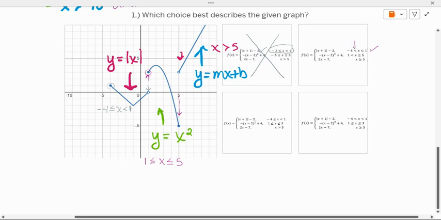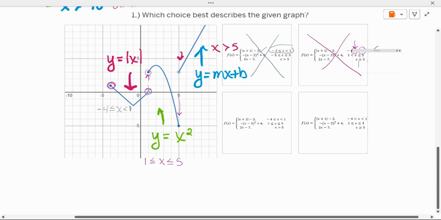However, -4 is included. Remember that this had a closed circle, and the +1 is not included. This had an open circle. So this one can't be correct. This should have been less than or equal to, and this should have just been less than.